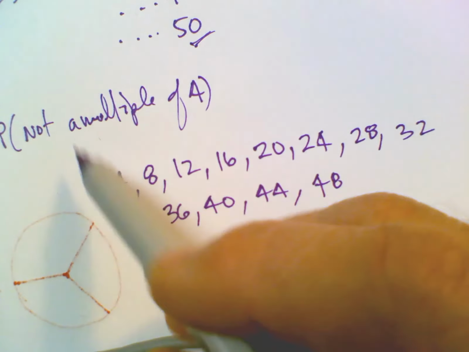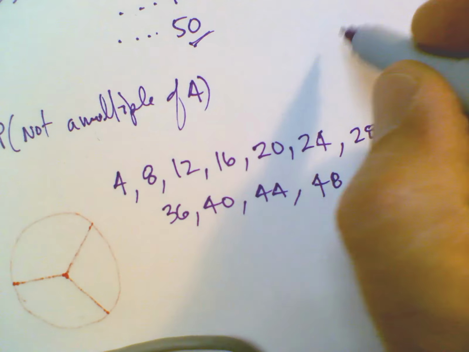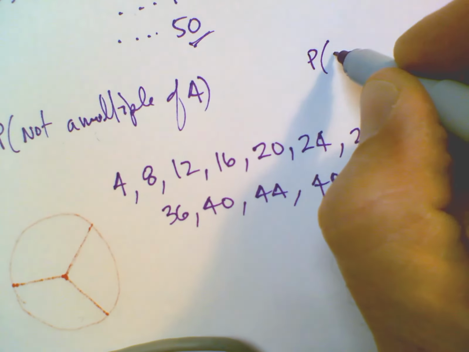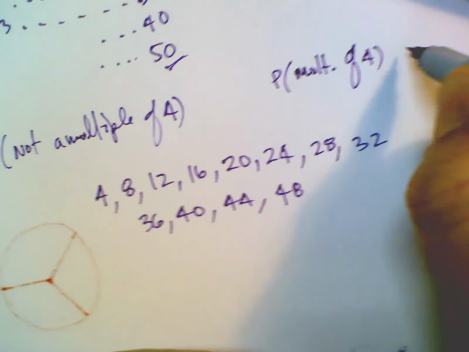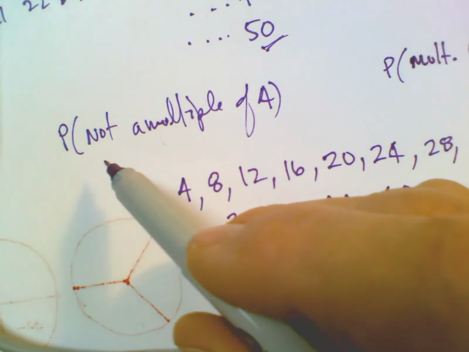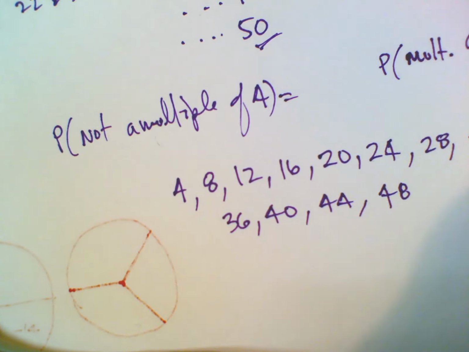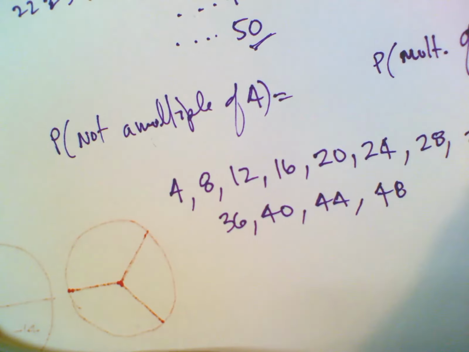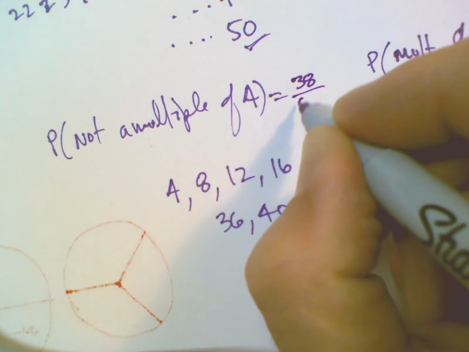So if I was saying get rid of the not, it would be 12 over 50, right? If I were going to say what is the probability of getting a multiple of 4, that would be 12 over 50. But now I want to know not a multiple of 4. So if there's 12 possibilities that are multiples of 4, the not would be the opposite. That would be the 38, the other amount.